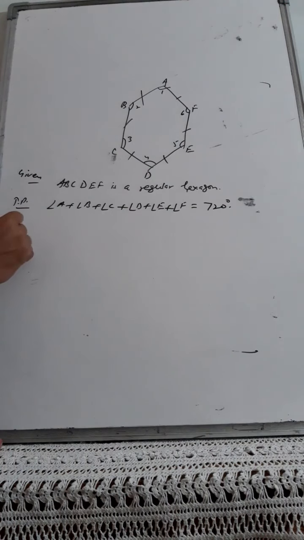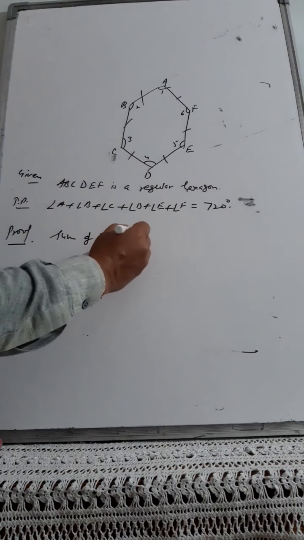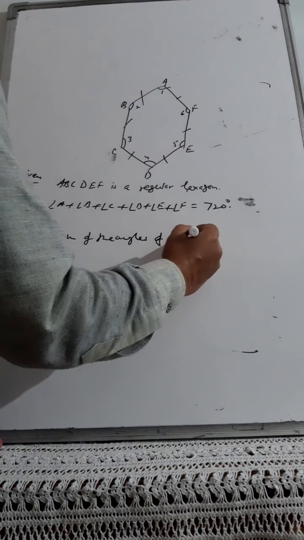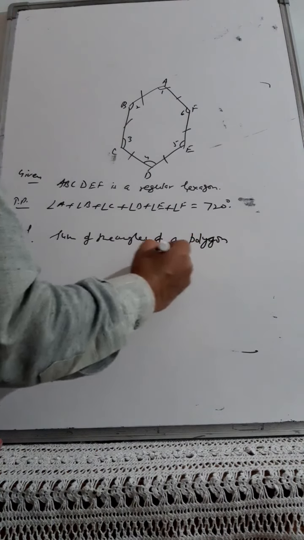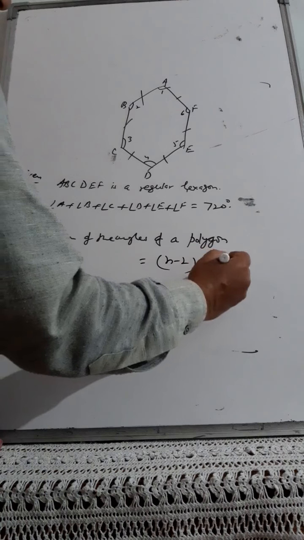So in your proof now, what you can do here is, as I said, the sum of the angles of a polygon is equal to (n minus 2) into 180 degrees.